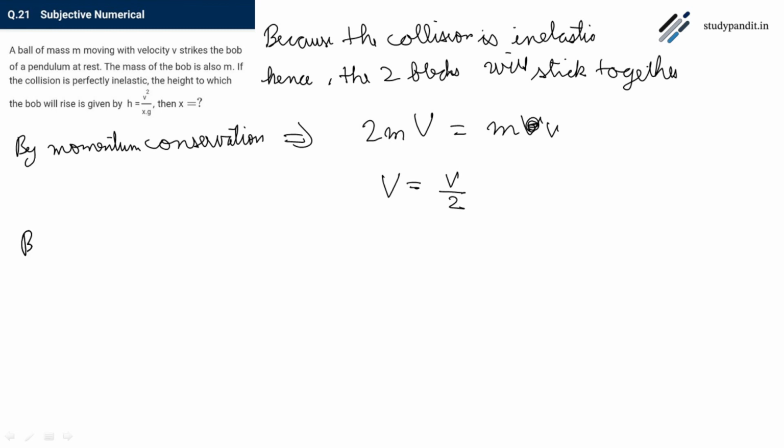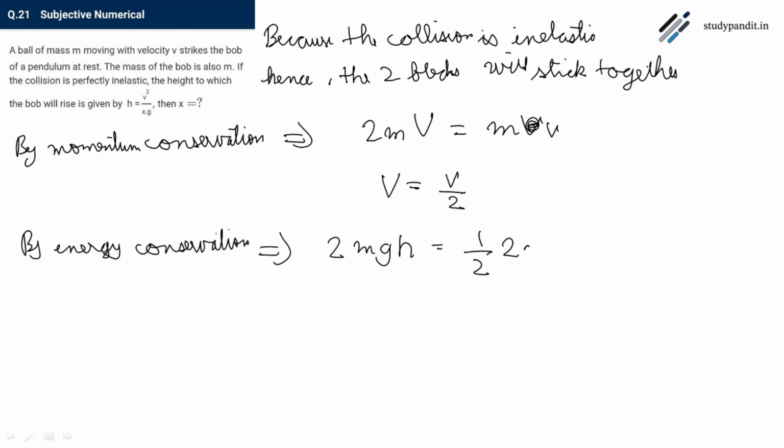Now, by energy conservation, 2m g h equals half 2m into small v by 2 whole square, because the final velocity is capital V, which is given by small v by 2.